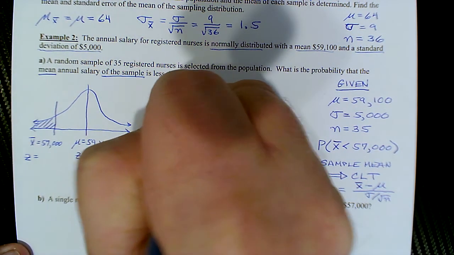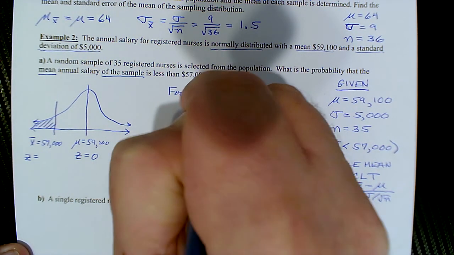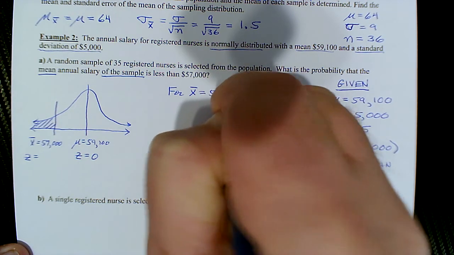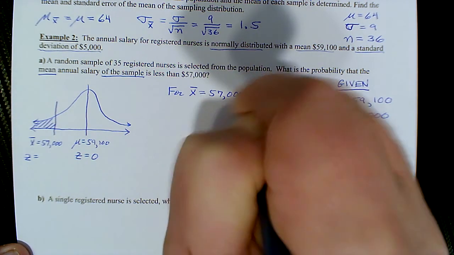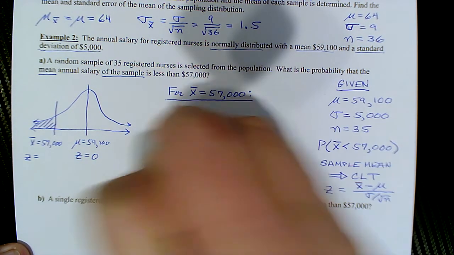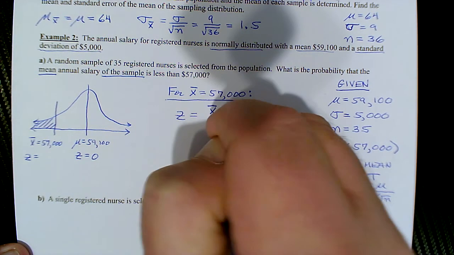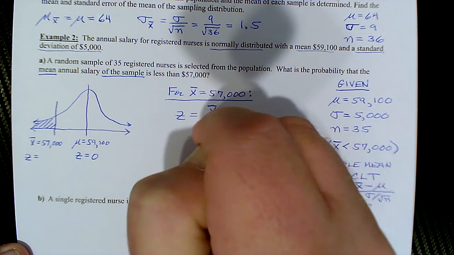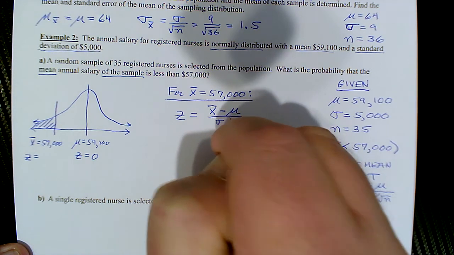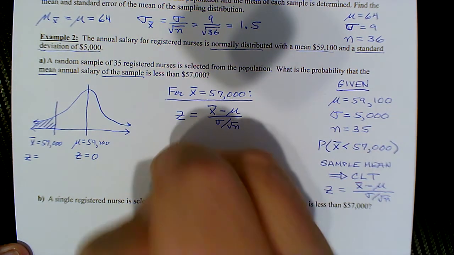So for x bar equaling 57,000, our z-score formula, once again we restate it, x bar minus mu over sigma divided by the square root of n.